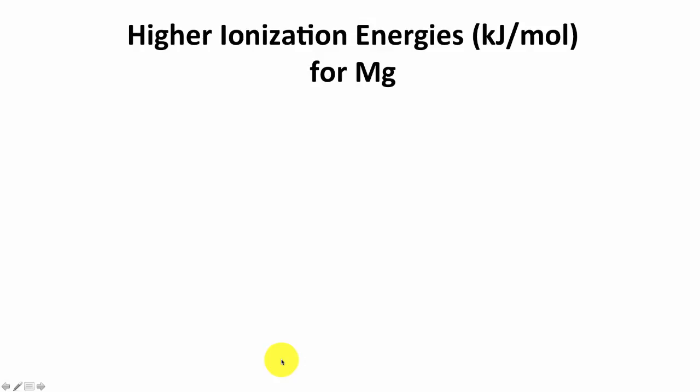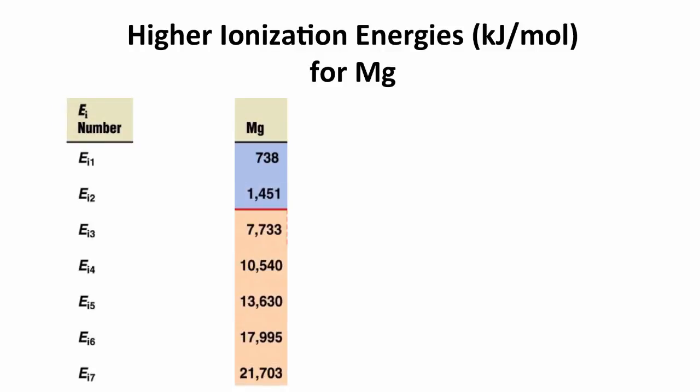These are what are known as higher ionization energies, and for magnesium, the first, second, third, fourth ionization energies, and so on, correspond to removing the first electron, the second electron, the third electron, and so on. Notice what happens. Ionization energies increase the more electrons you remove, but there's a really big jump going from removing electrons in the third energy level to removing electrons in the second energy level.